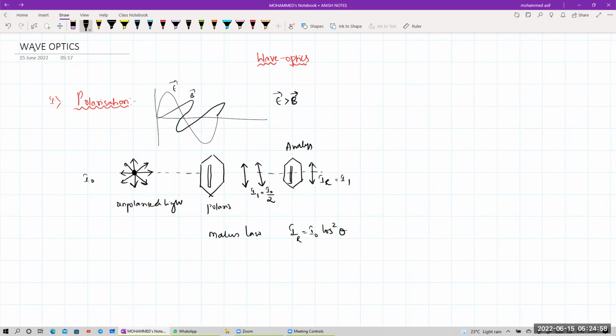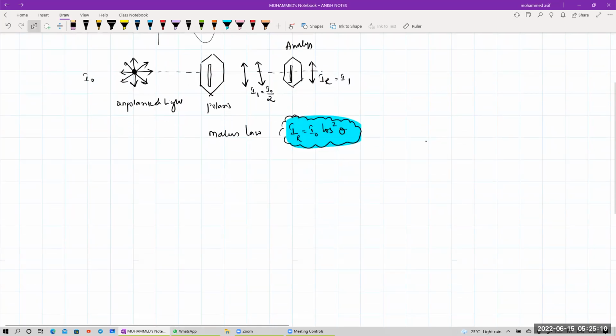Let me give you an example. This is a very important formula, beta. IR is equals to your I0 into cos square theta. You see this problem?